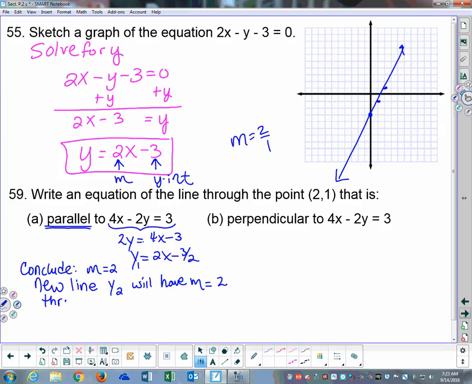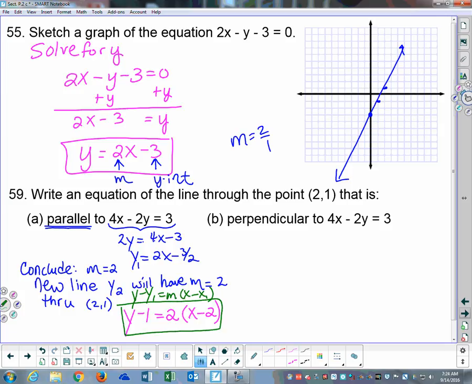So y minus 1 equals the slope 2 times x minus 2. And that's coming off of that point slope form of the equation. Okay, and I'm going to just leave that as my answer.